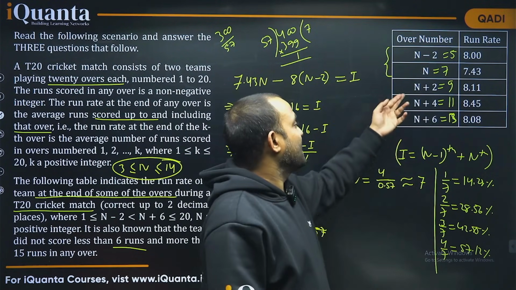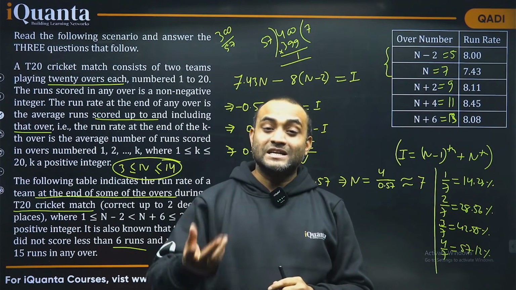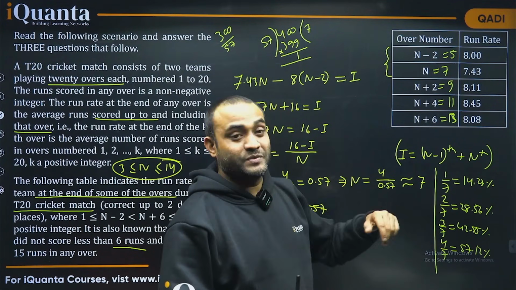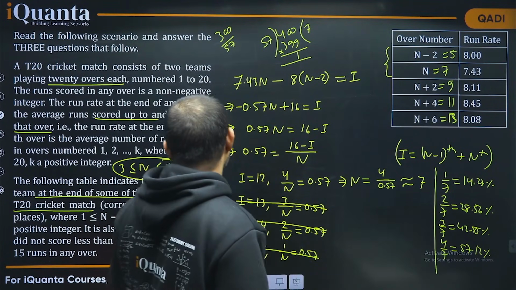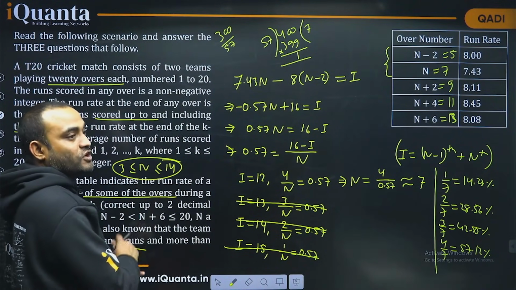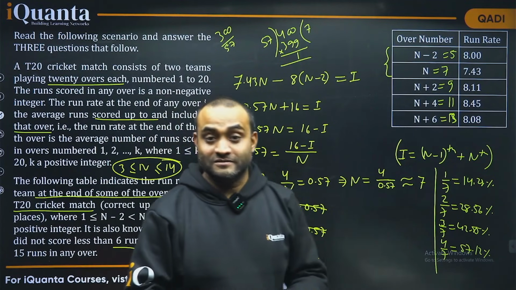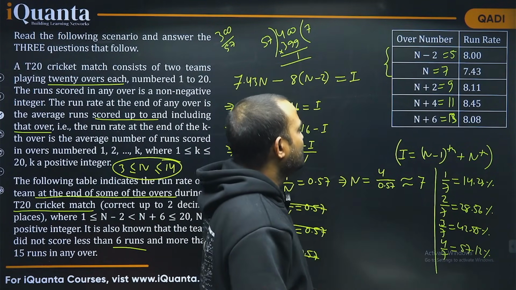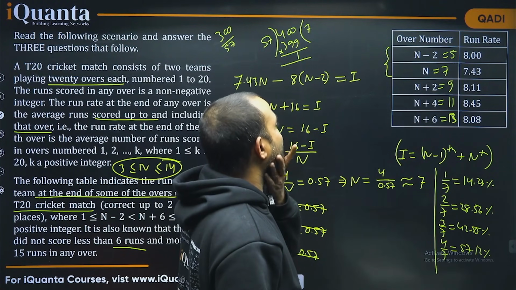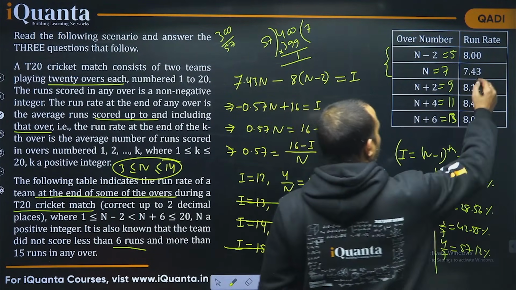That means n plus 2 must be a multiple of 9. So, n plus 2 must be 9 or 18, right? But n plus 2 cannot be 18 because n can be maximum 14. So, n plus 2 must be 9. In that case also you can solve it. There are multiple ways to solve this. Now, if we got this, we can simply solve and we get the total run here.